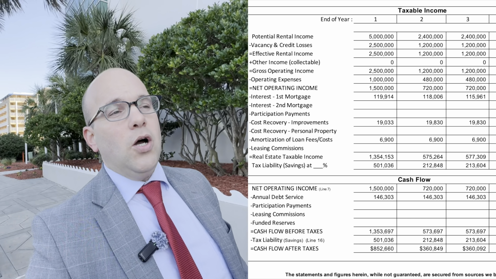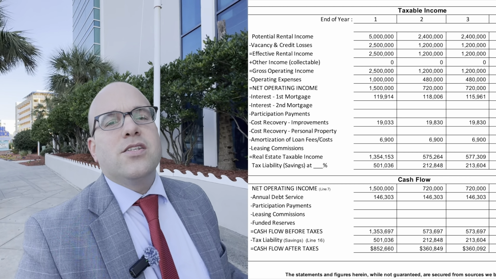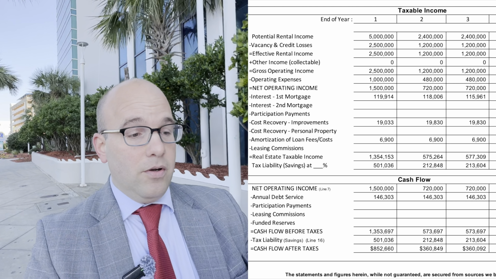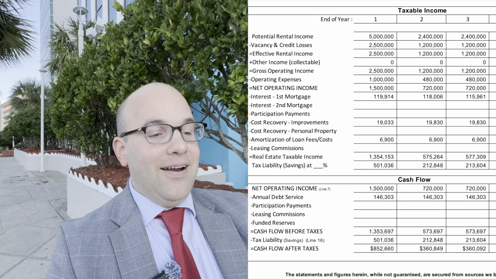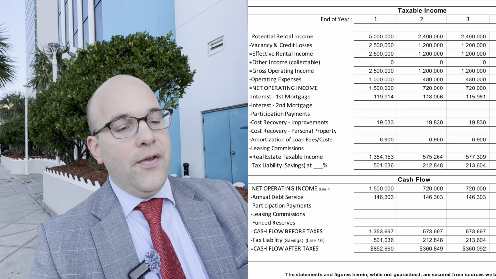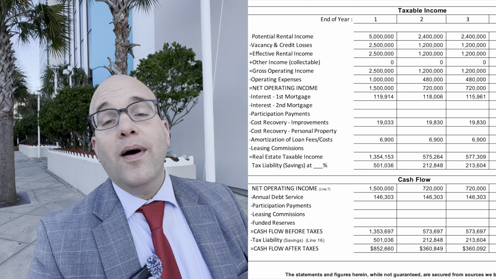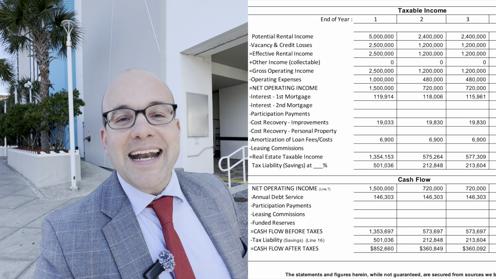Those operating expenses are your utility bills and everything it takes to run the day-to-day activities of your business. You subtract that from the gross operating income and you are left with the net operating income. In our instance, after factoring in operating expenses, we are left with $1.5 million in net operating income. And that's how you arrive at net operating income.